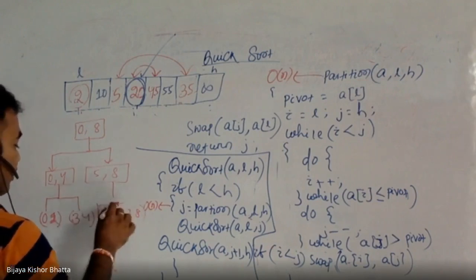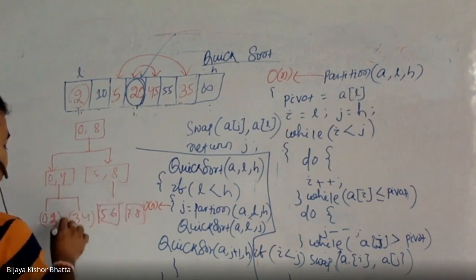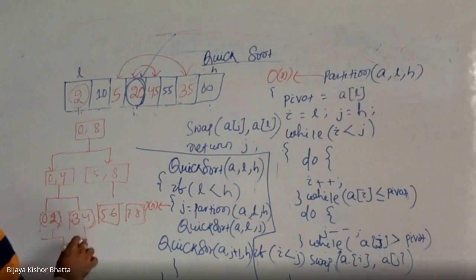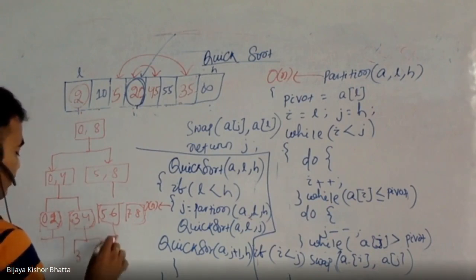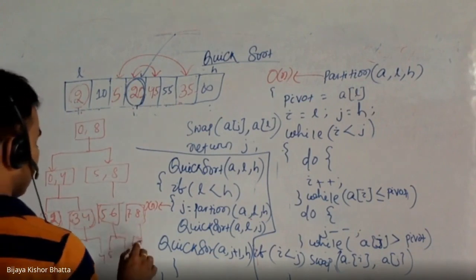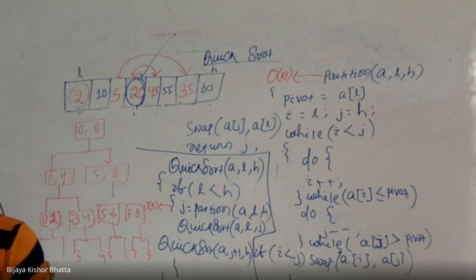So this is one more partition. Then this is going to be 3, this is going to be 4, this is going to be 5, this is going to be 6, that way. Okay. So this is going to be 7, this is going to be 8, this is going to be 0, 1, again 2, this is going to be 0, 1.